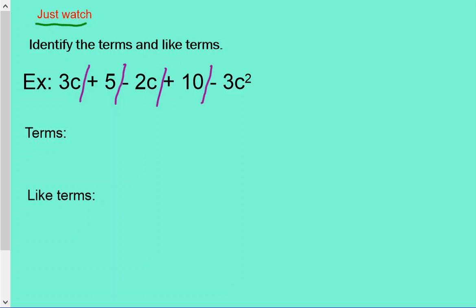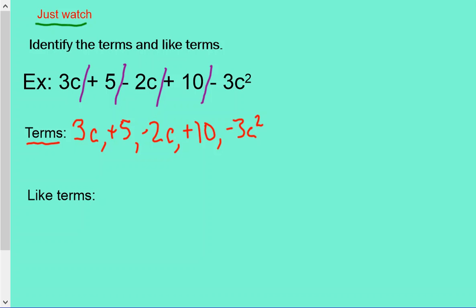Okay, so now we've got our terms separated, and now I'm going to list the terms right here. We have 3c, we have plus 5, we have minus 2c, we have plus 10, and then we have minus 3c squared, or raised to the second power.